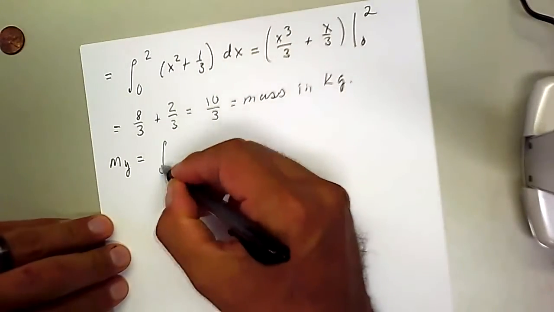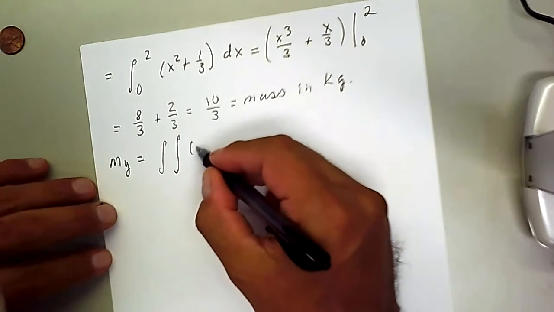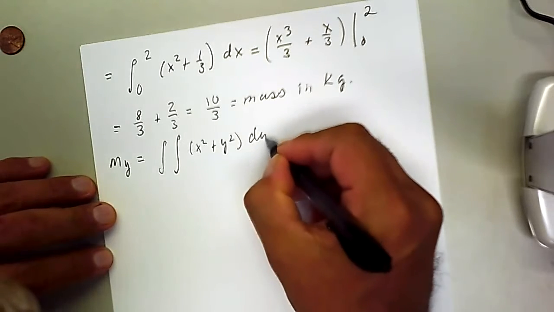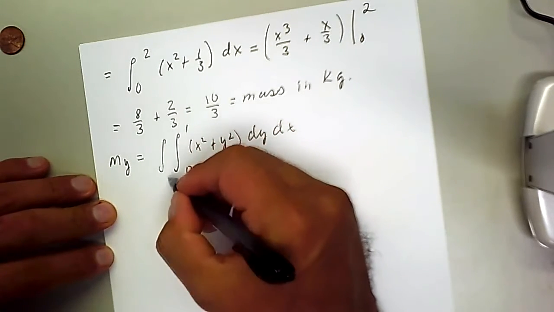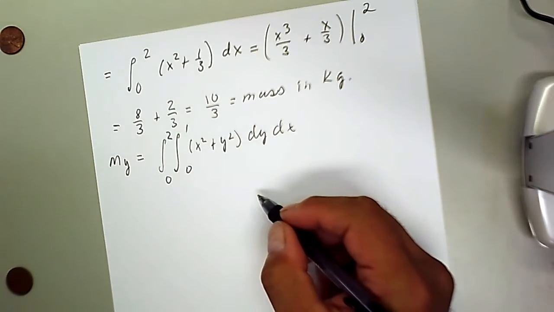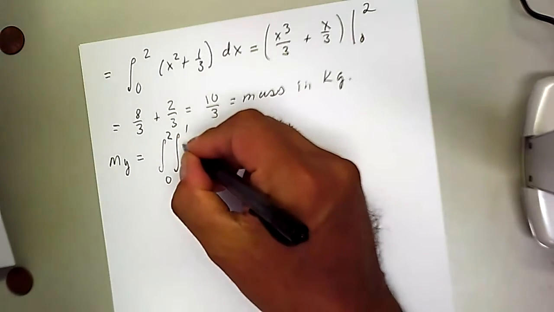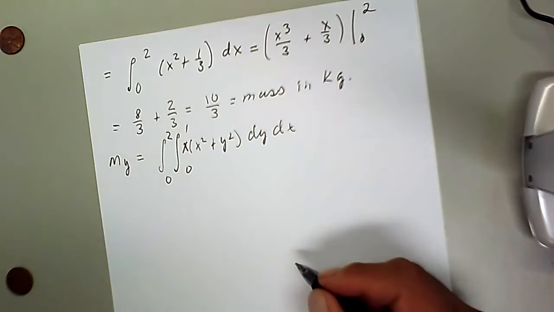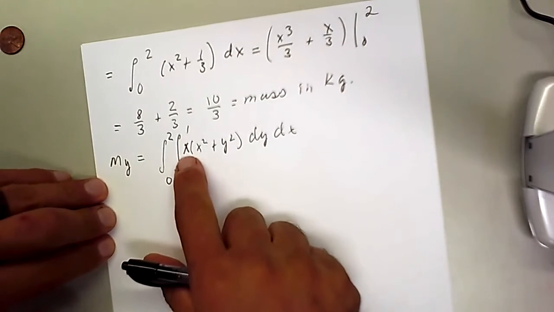So we have the same double integral, x squared plus y squared dy dx. Y is going from 0 to 1, x is going from 0 to 2. But we've got to multiply by the distance. So this is just the same mass. If we multiply by the distance from the y-axis, that means we have to multiply with x.